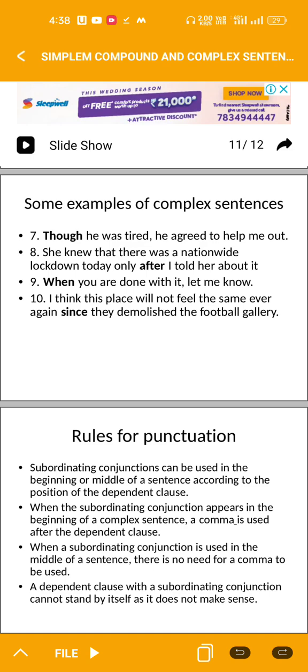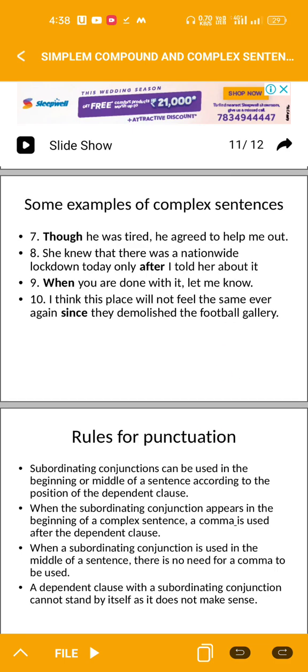So when the subordinate conjunction appears in the beginning of a complex sentence, a comma is used after the dependent clause. When a subordinate conjunction is used in the middle of a sentence, there is no need for a comma to be used. So the dependent clause with a subordinate conjunction cannot stand by itself as it does not make complete sense.